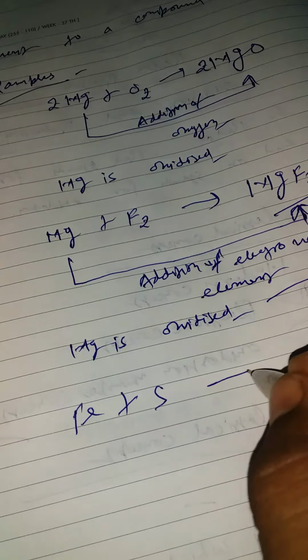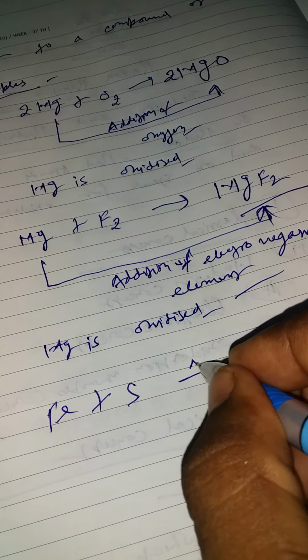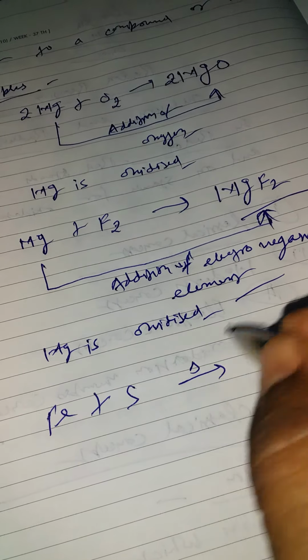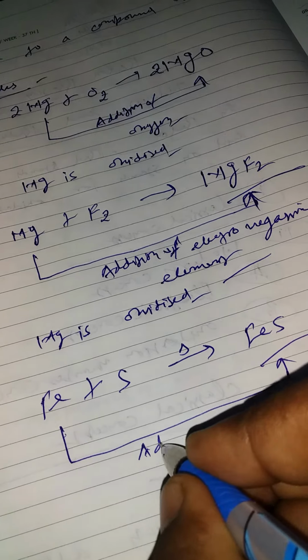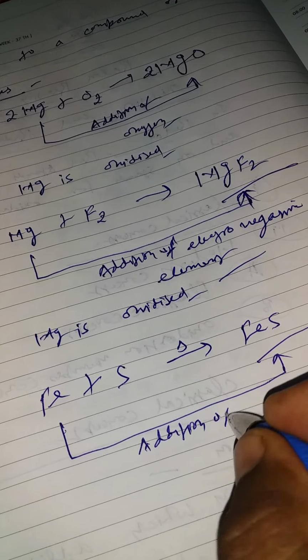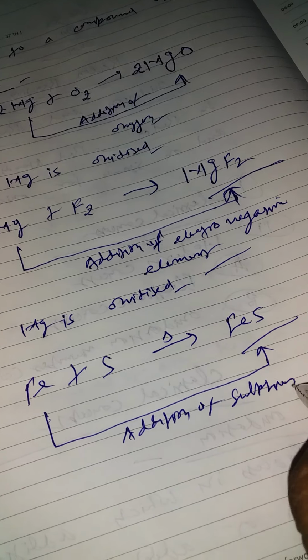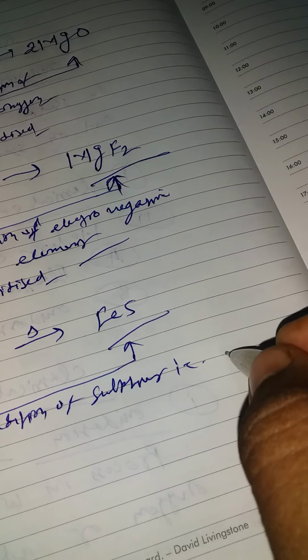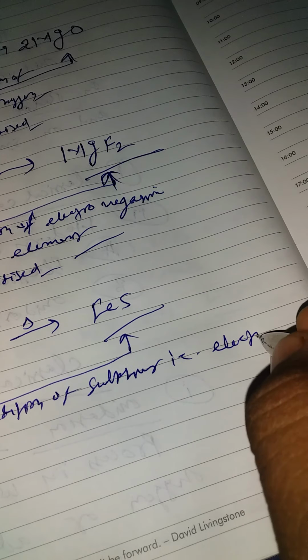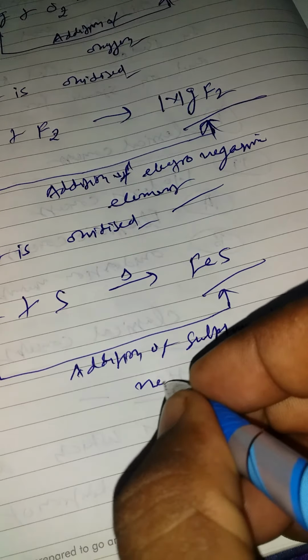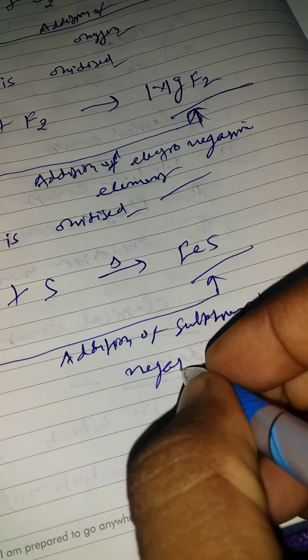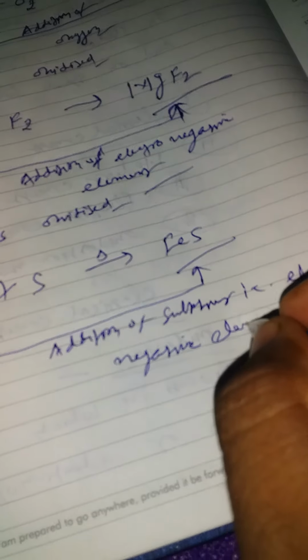Other example, iron reacts with sulfur, and after heating it forms iron sulfide. So we see that iron converts into iron sulfide, in which addition of sulfur, that is an electronegative element.